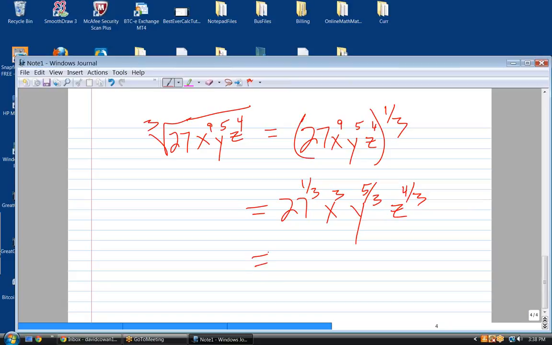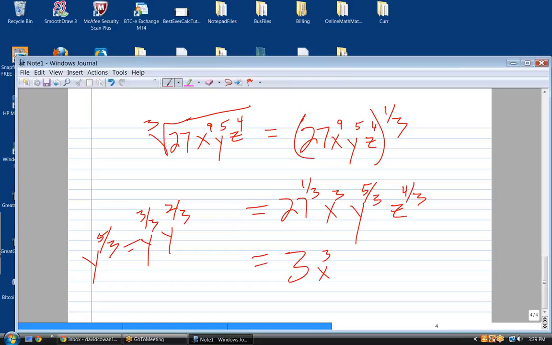Now I simplify. What's 27 to the 1/3? That is 3. X cubed is already simplified. But y to the 5/3 is equal to y times y to the 2/3, right?